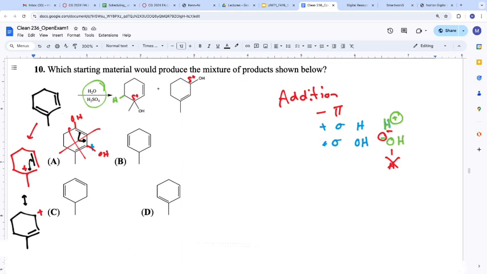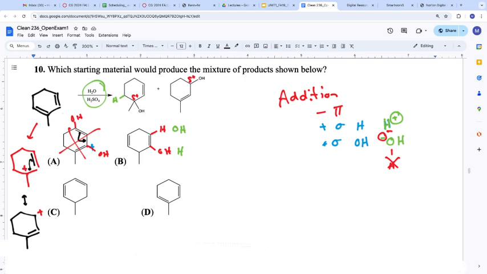Okay? We could try and brute force. And this is what we're doing now, is brute forcing. I'm just going to start guessing at these. We could put H and then OH. There's no resonance, so we aren't going to see any shifts. You might see a hydride shift, but is there any reason necessarily that you should put it in that order? Couldn't it have just as easily gone in this order?